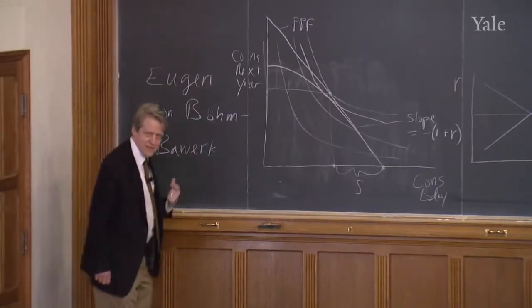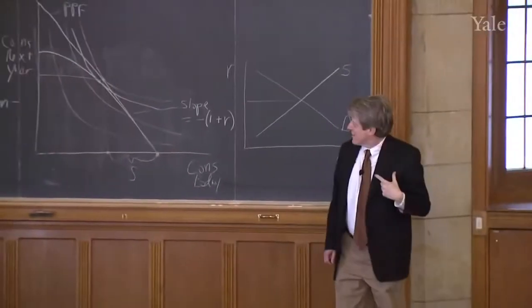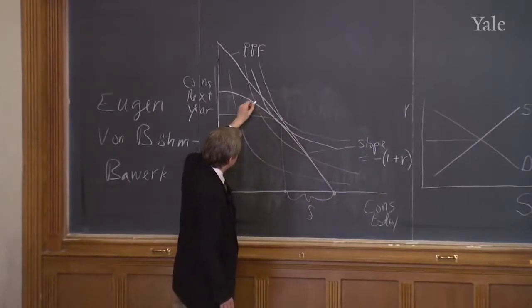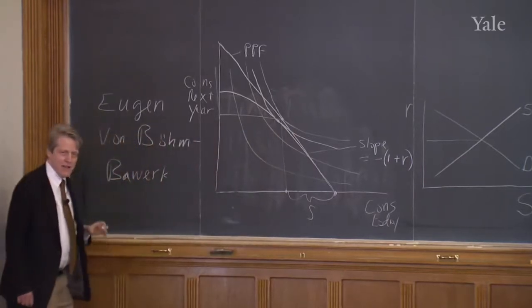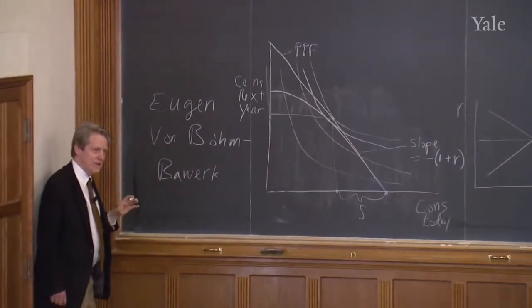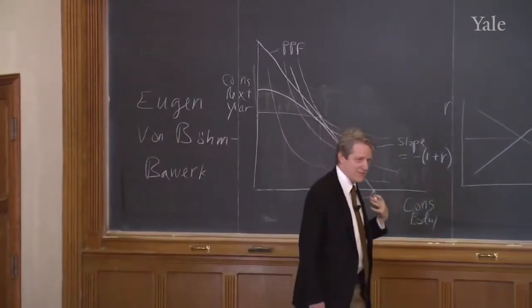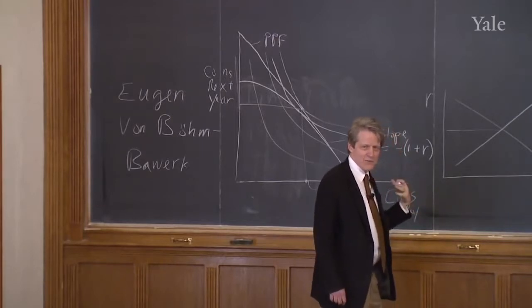Now, do you see? So this is what Robinson Crusoe would do. Now the interest rate is the slope of the tangency between the indifference curve and the production possibility frontier. It's the same for both. And this was the insight that Boehm-Bawerk maybe had a little trouble getting. There's two different things determining the interest rate.